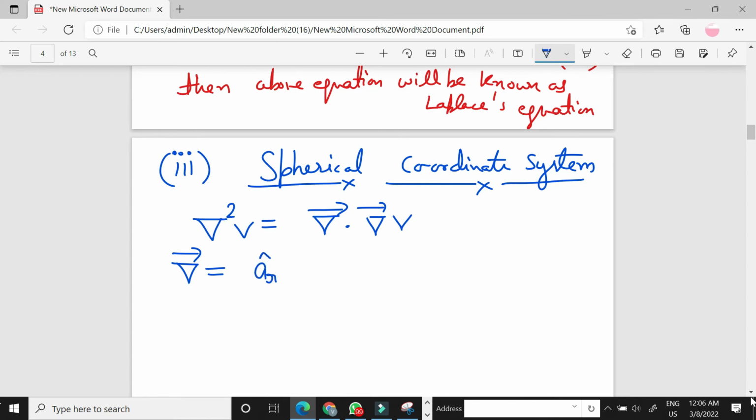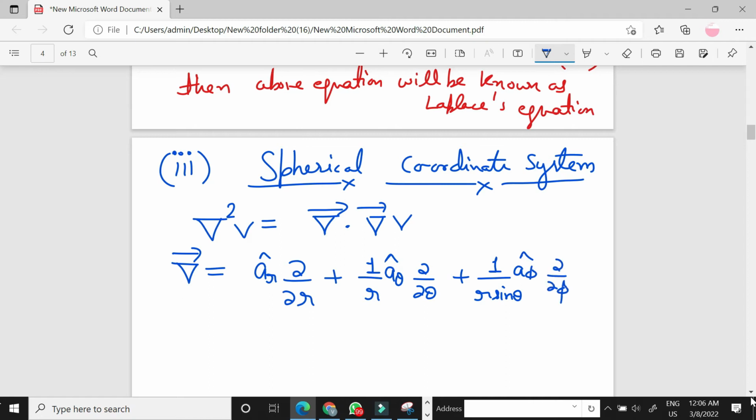A R del upon del R plus 1 upon R A theta del upon del theta plus 1 upon R sin theta A phi del upon del phi.